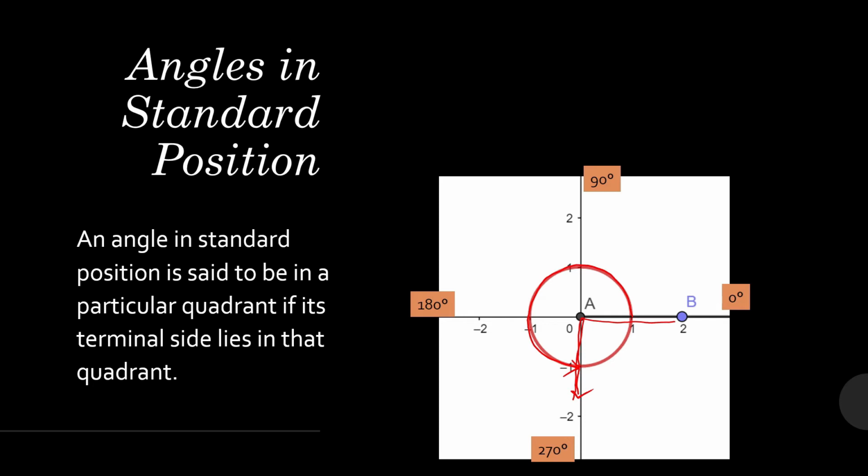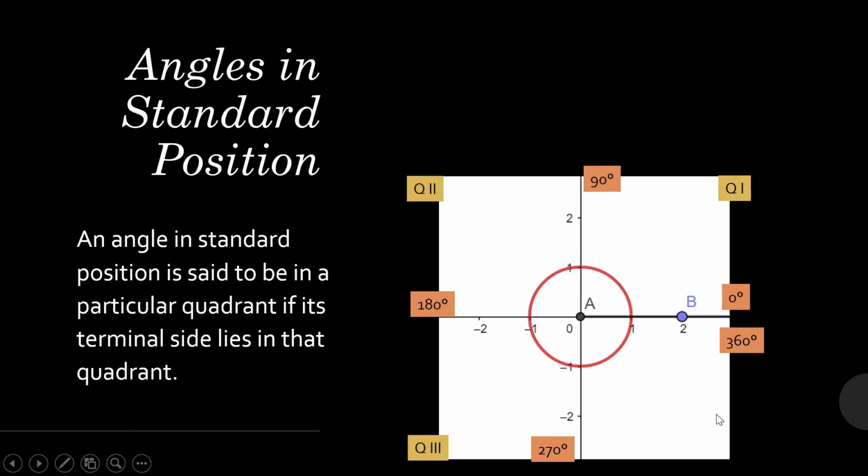Again, when the degree measure is positive, our rotation is counterclockwise. When we make one complete revolution, the angle is said to have a degree measure of 360 degrees. So these are the quadrants: quadrant 1, quadrant 2, quadrant 3, and quadrant 4.